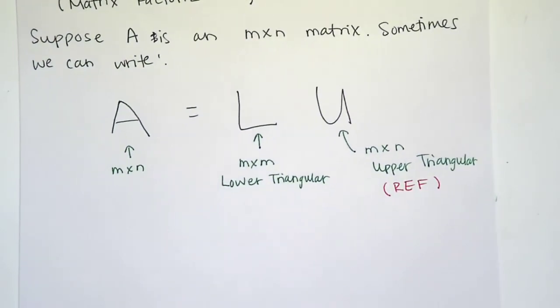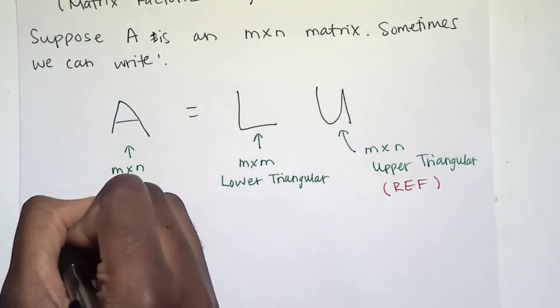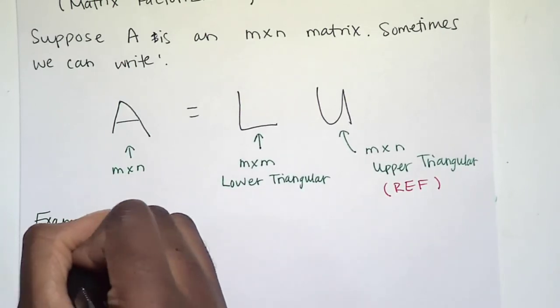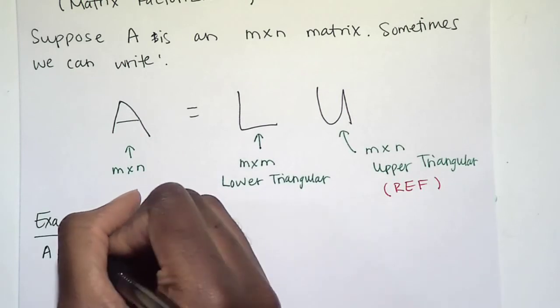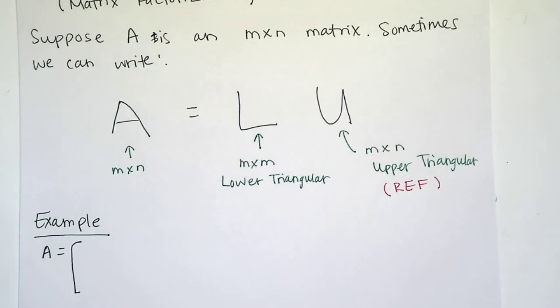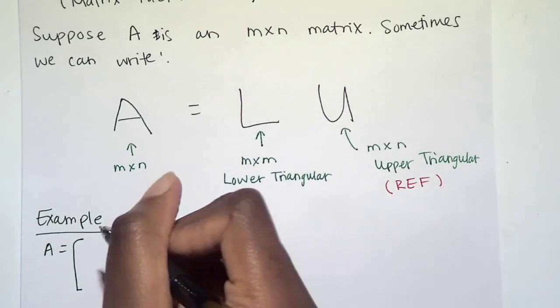Okay, here is our example. Matrix A. Going down the columns, it's going to be a 3 by 3, but just know A can be of any dimension.